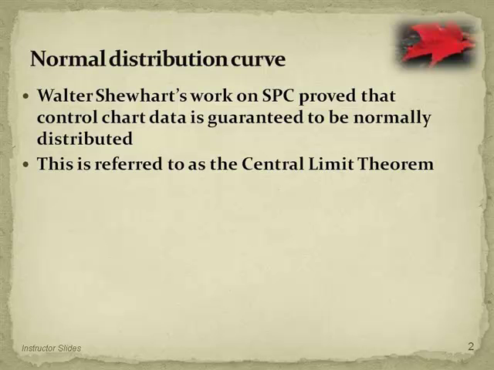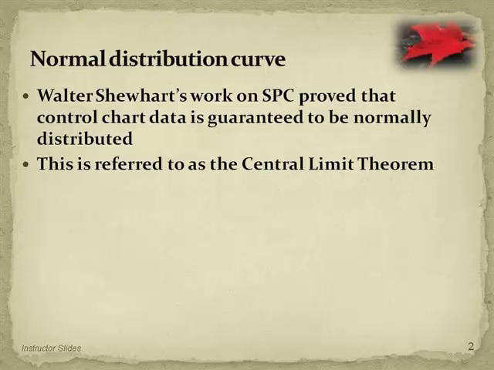So what we're going to be studying in this part, and what we're dealing with primarily with statistical process control, is the normal distribution curve. Walter Shewhart's work in statistical process control has proved to us that when we plot our data in a control chart, the variability in the data is guaranteed to be normally distributed.